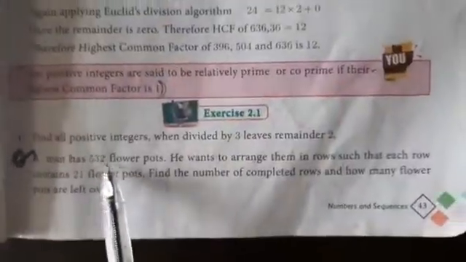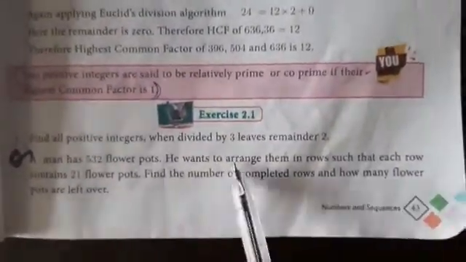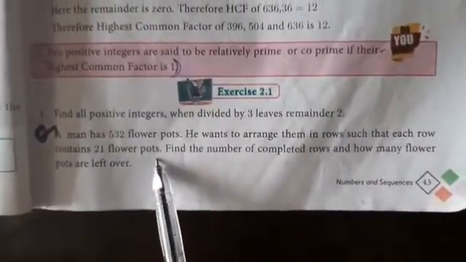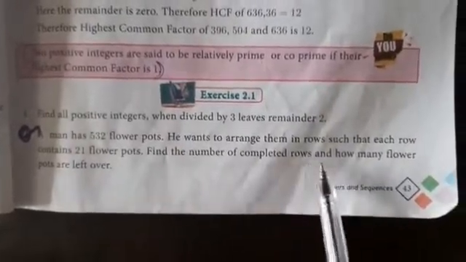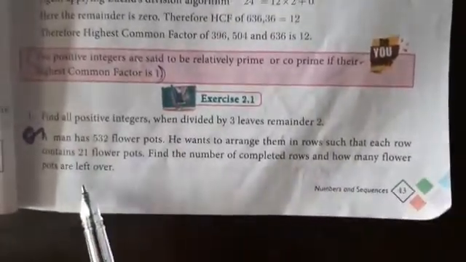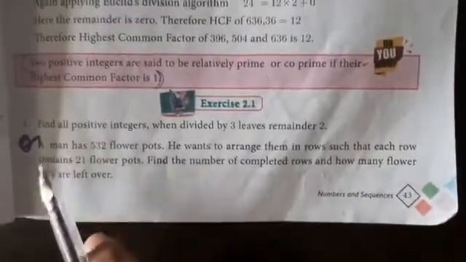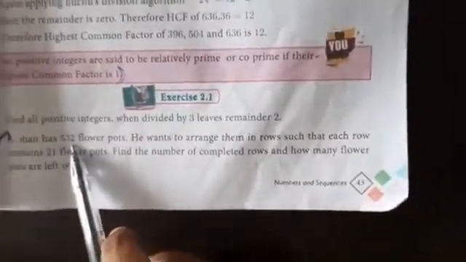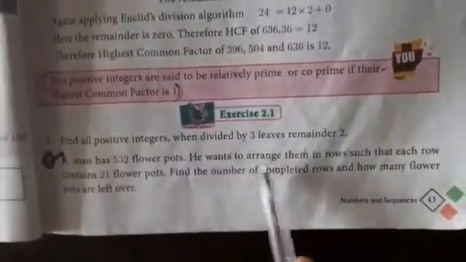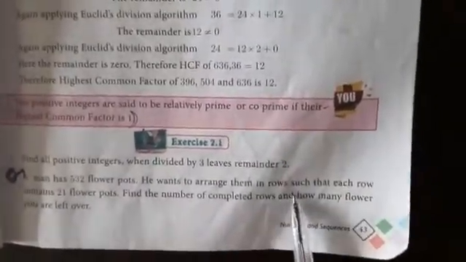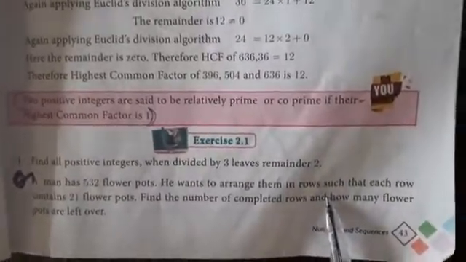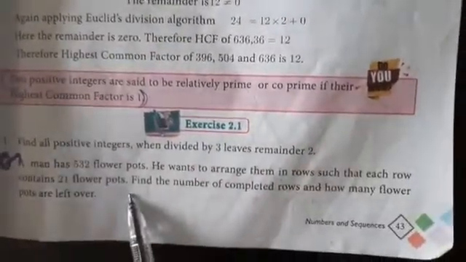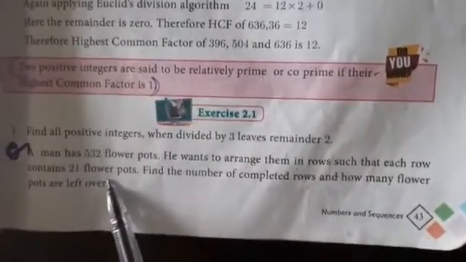A man has 532 flower pots. He wants to arrange them in rows such that each row contains 21 flower pots. Find the number of completed rows and how many flower pots are left over. First, a man has 532 flower pots, so total a is equal to 532. Each row contains 21 flower pots, so the divisor b is equal to 21.